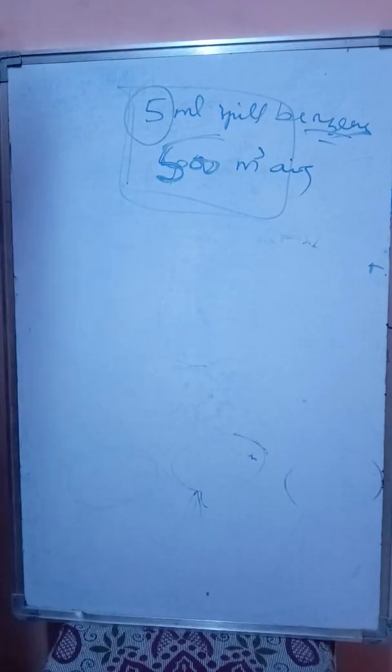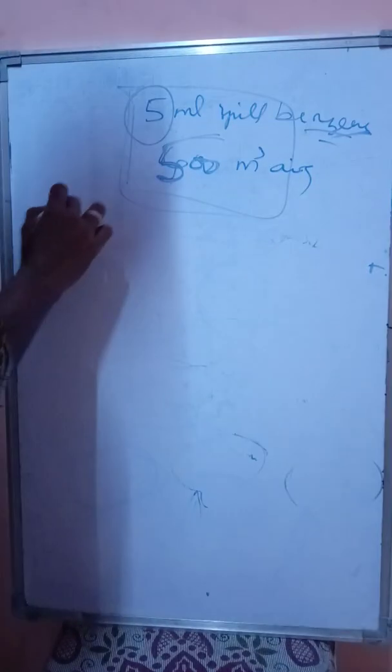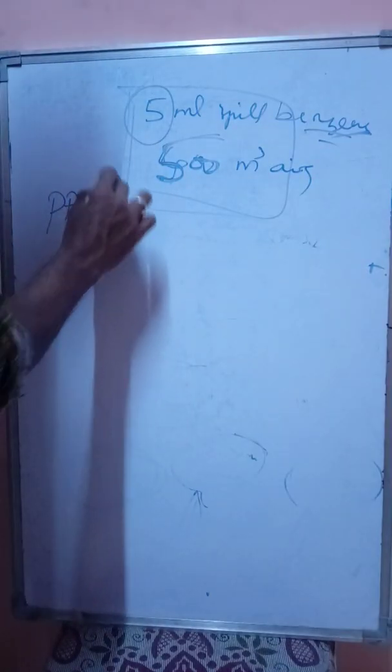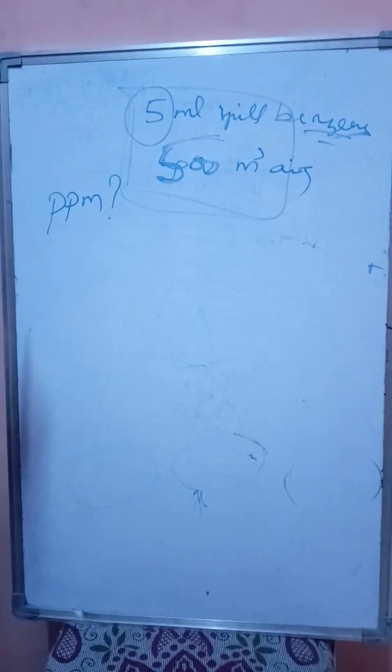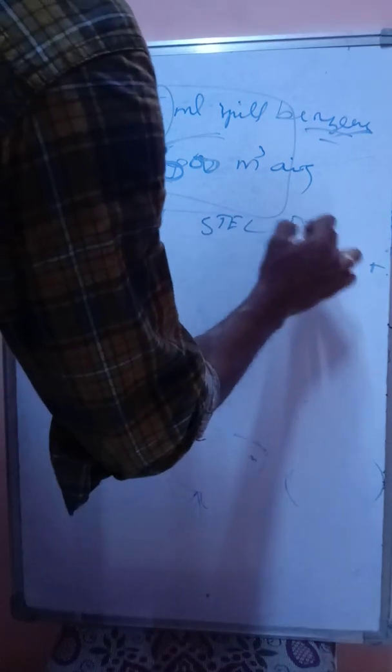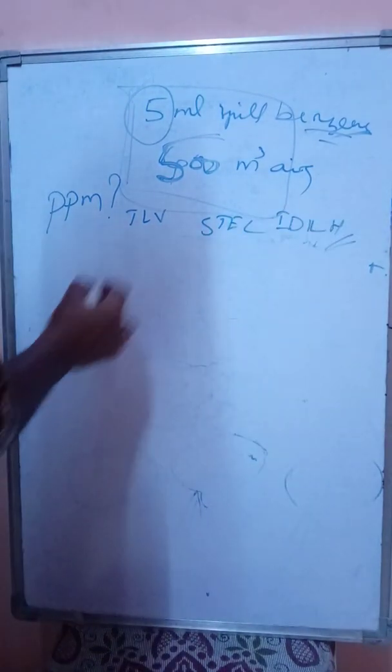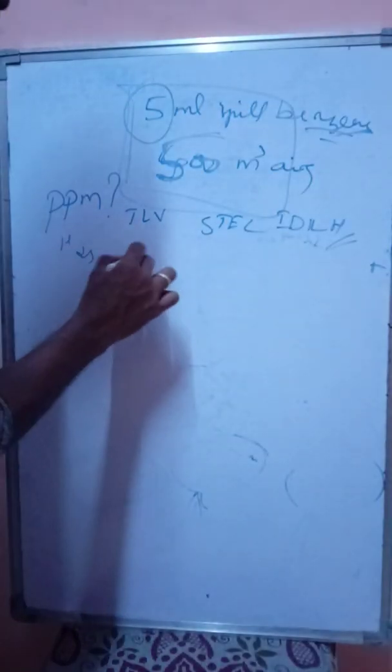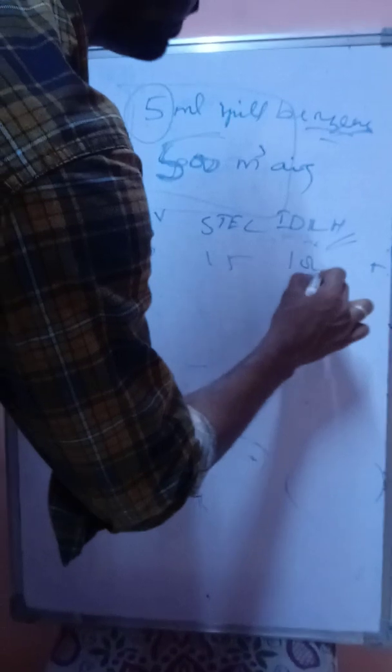What is the ppm that we are going to find out? Whether it is coming under TLV or STEL or IDLH. We know the standards as 10, 15, 100. So which limit it is coming under, we are going to see that.